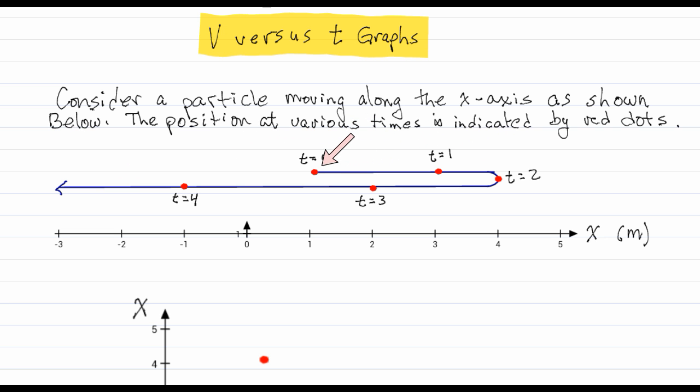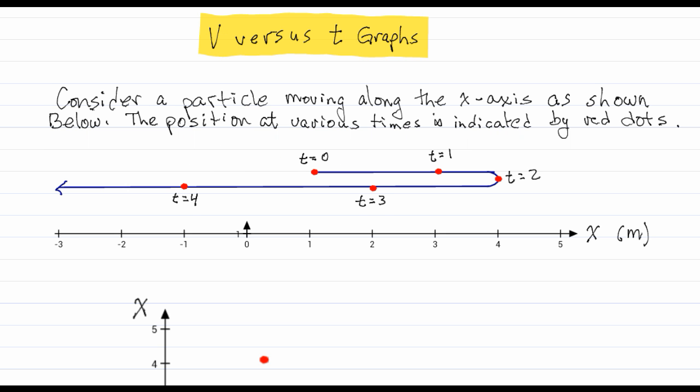So initially it starts right here, at time equals 0, and then at time equals 1 we've moved to the right to x equals 3, and then at t equals 2 the particle turns around and starts going in the negative x direction. So at t equals 3 seconds we're at 2, and then at t equals 4 we're over here at x equals -1.